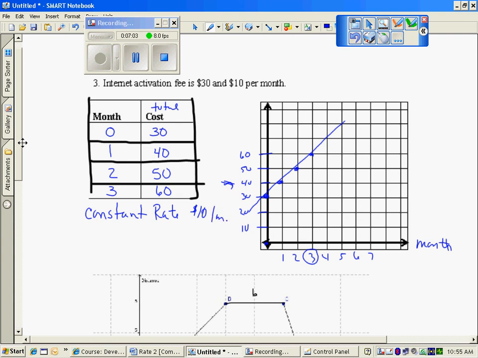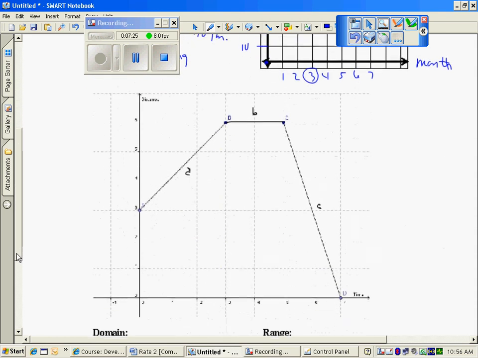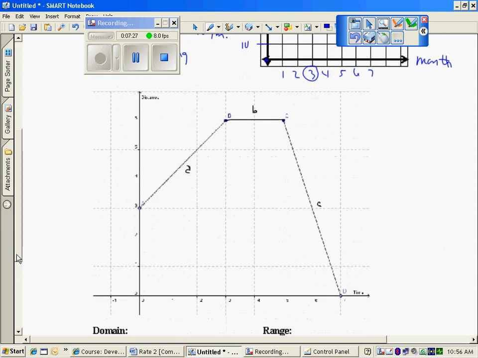It is positive because that's adding to my bill. Notice my line in this case goes upward. It's a line because it's a constant rate of change. It is always increasing. My fees are always increasing, where in the past with those walking situations my distance was decreasing.